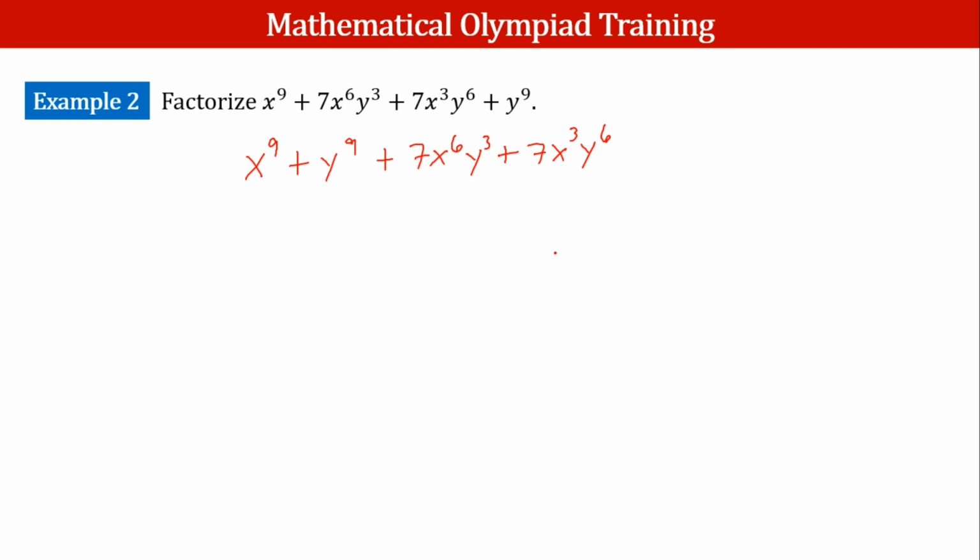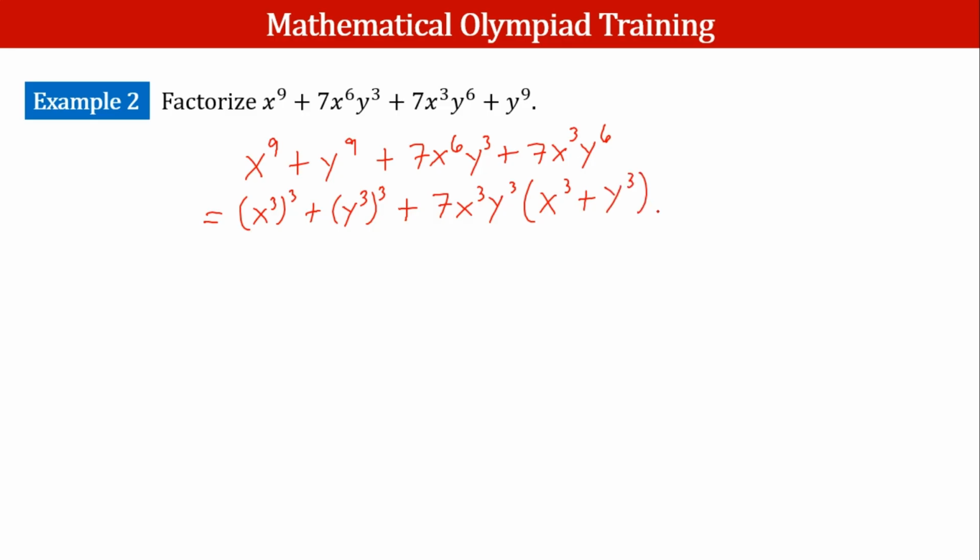Alright, now again, this is the same as x cubed cubed plus y cubed cubed, plus factor out 7x cubed y cubed. We have 7x cubed y cubed times x cubed plus y cubed.